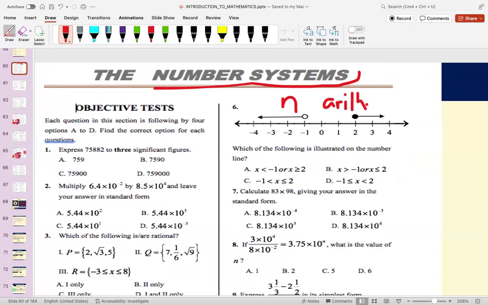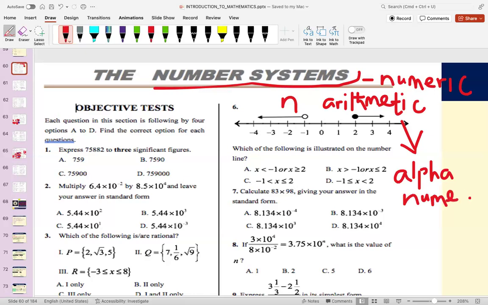So arithmetic mainly deals with numbers. Now we want to move from the number system and deal with alphanumeric. Arithmetic is only numeric, but we want to move and deal with alphanumeric.